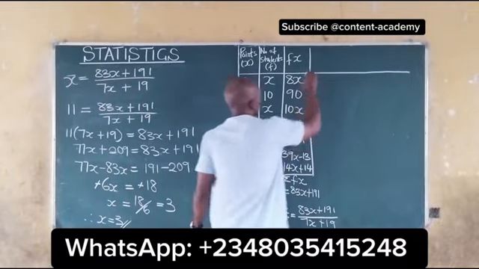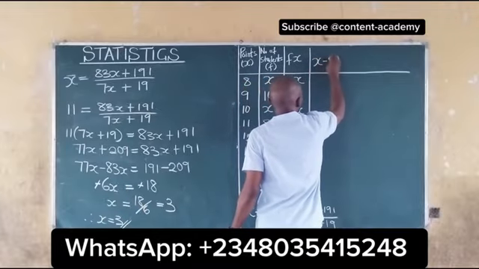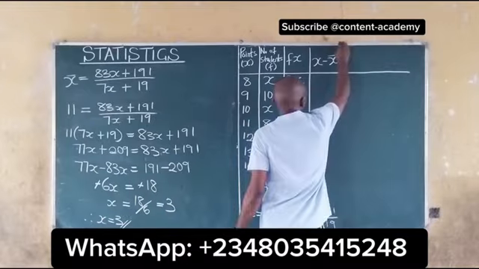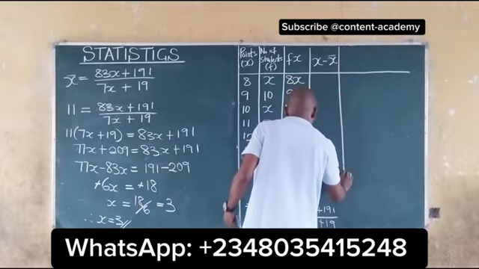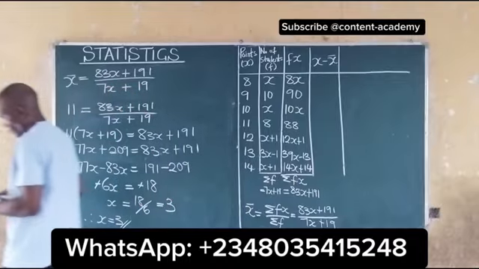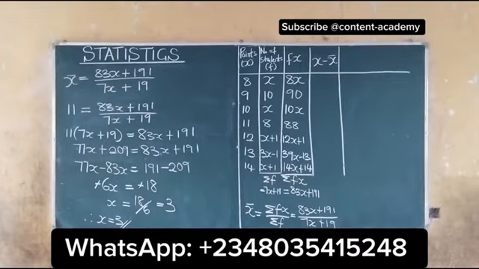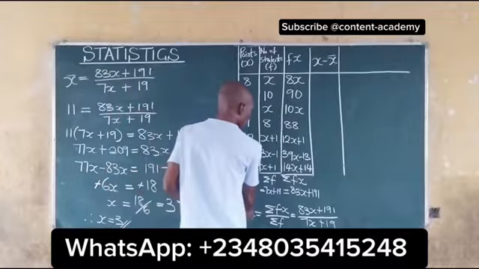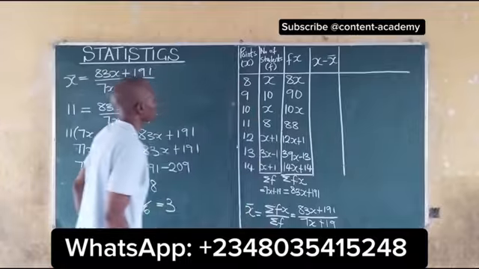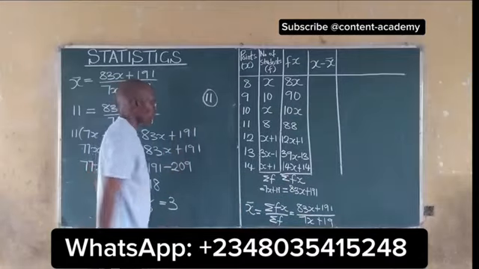Now, we can come over to here because we need x minus x bar. So, we have to find that. We have our average mean to be 11, and we have our x from the equation.